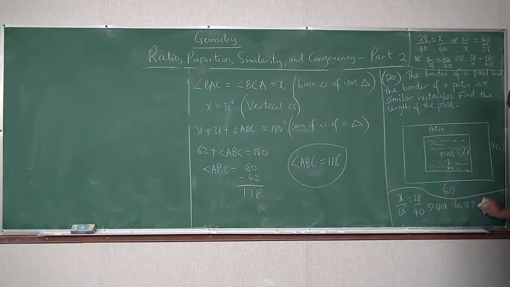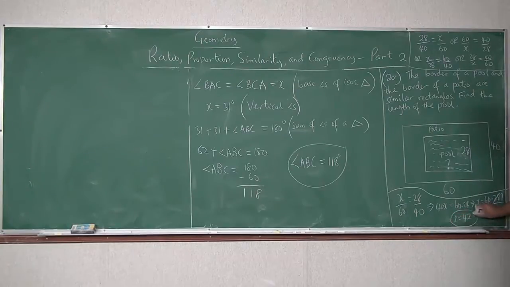Zero cancels zero. 4 into 4 is 1. 4 into 28 is 7. So x is 6 times 7. x is 42.